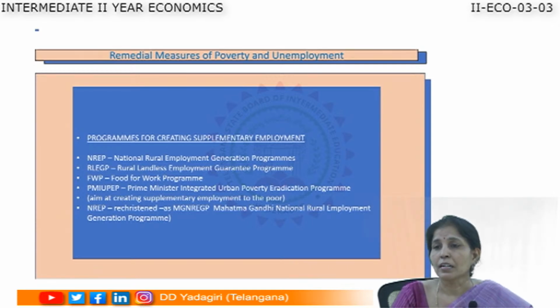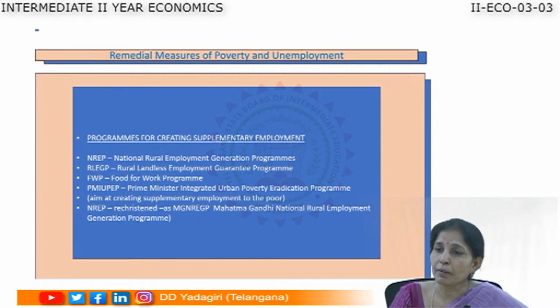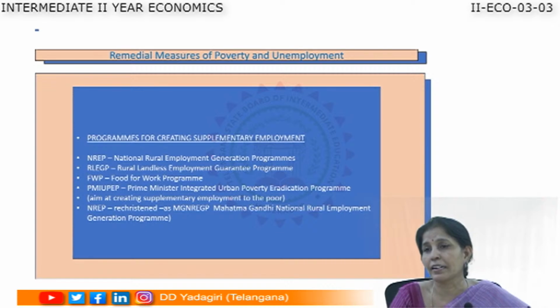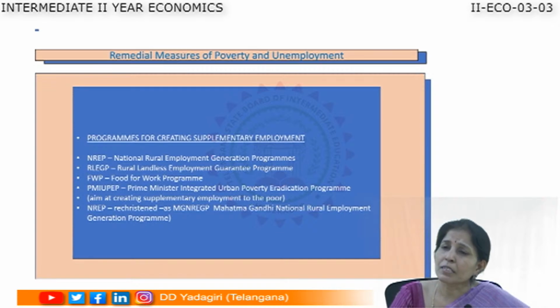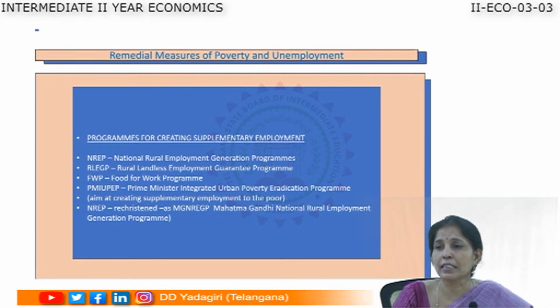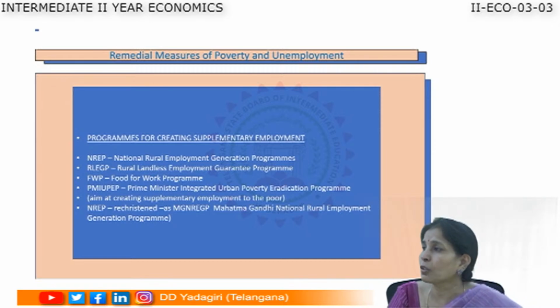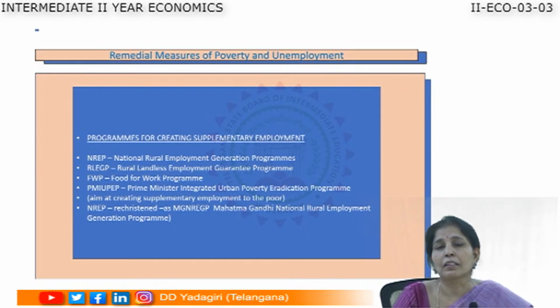The next one is PMIUPEP, that is Prime Minister Integrated Urban Poverty Eradication Program, which is basically looking at creating supplementary employment opportunities for people in the urban areas as well as in the rural areas.